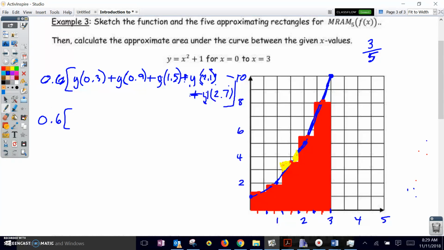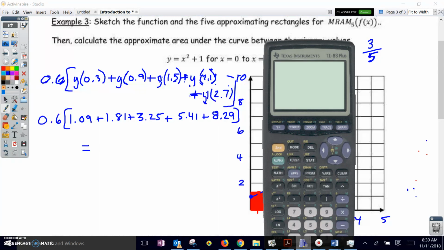At x equals 0.3, the y value is going to be 1.09. At x equals 0.9, it's going to be 1.81. At 1.5, that's going to be 3.25. At 2.1, that's going to be 5.41, and at 2.7, it's going to be 8.29. And then we'll add all those values together and multiply them by 0.6, and that's going to give us our MRAM approximation here.